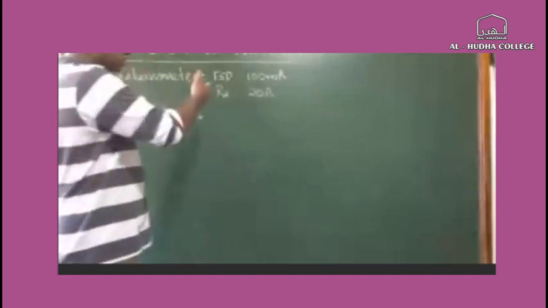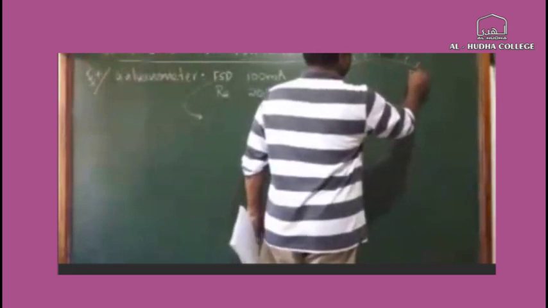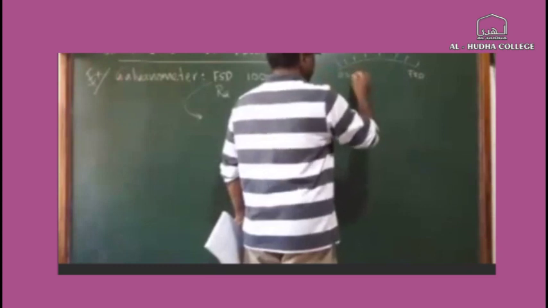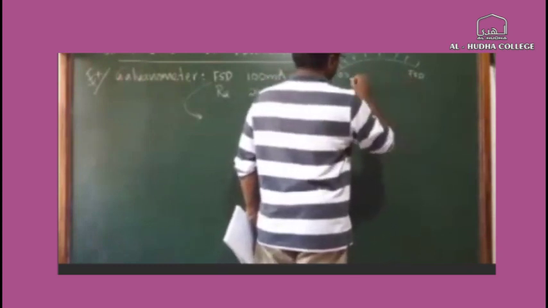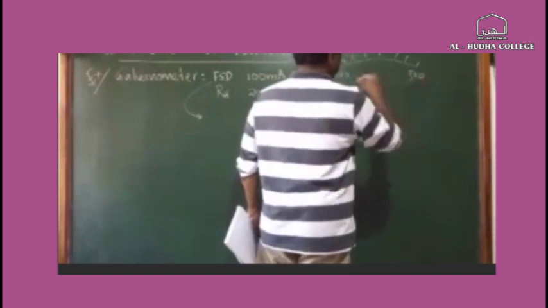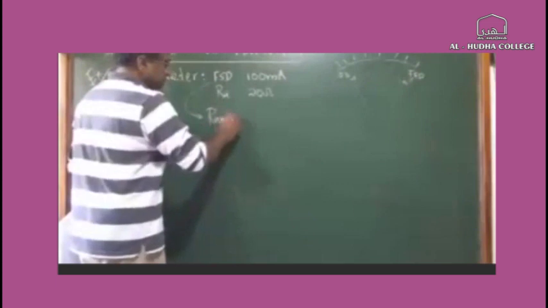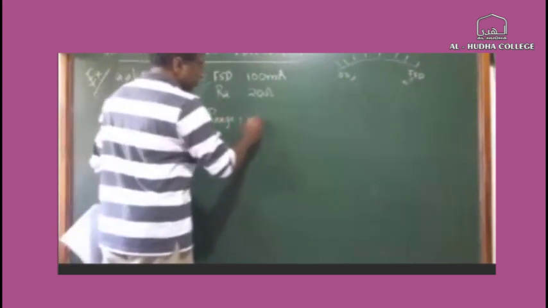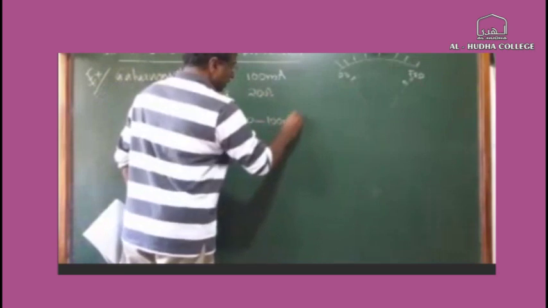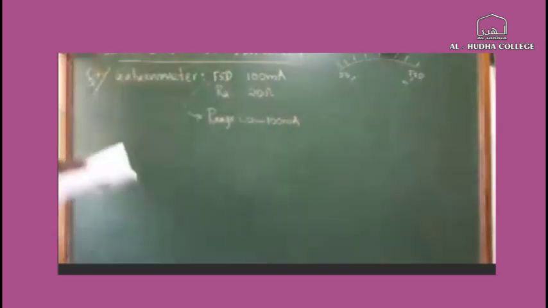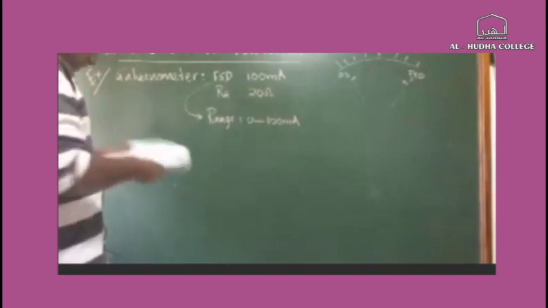The meter can measure starting from 0, any current between 0 and full scale deflection. So this range of currents is called the range of the galvanometer. So the range of the galvanometer, we have to say 0 to 100 milliamps, right? For the range.